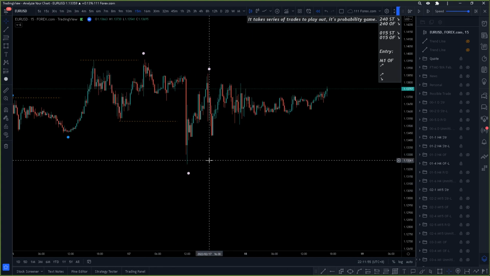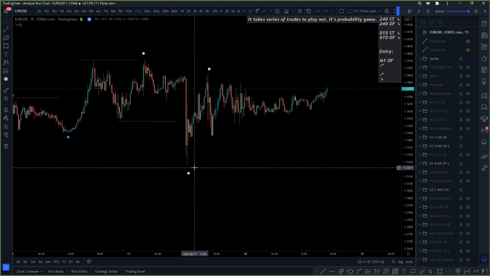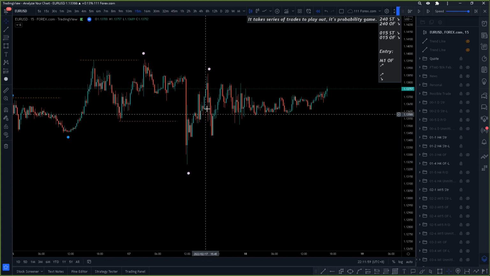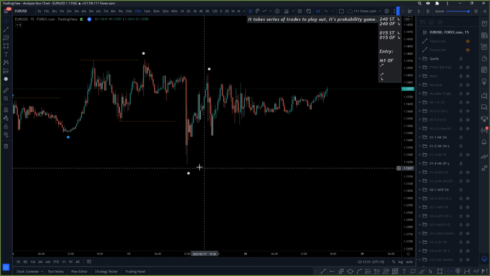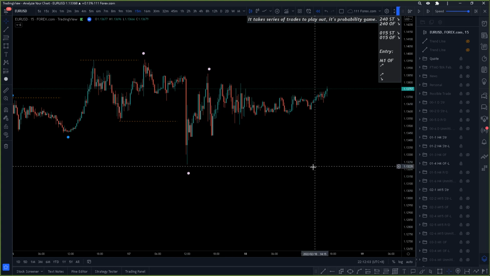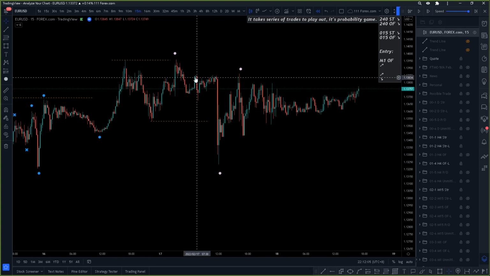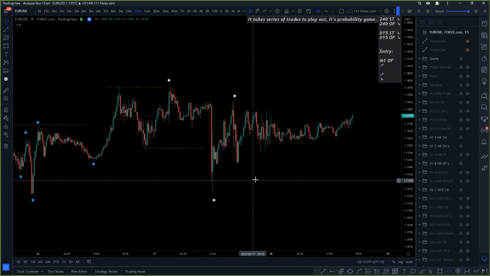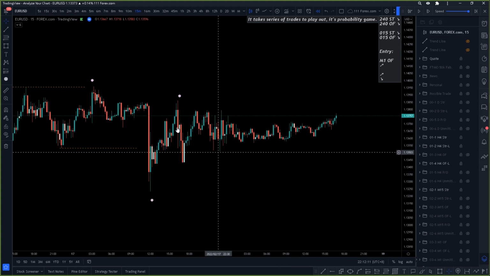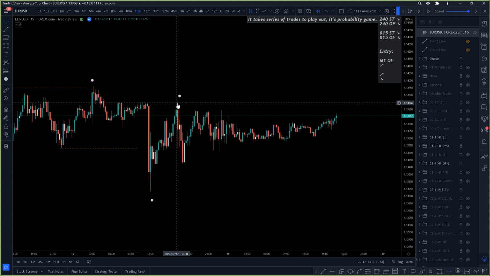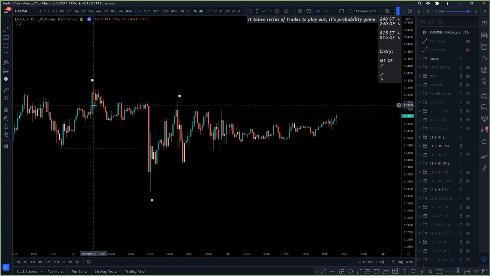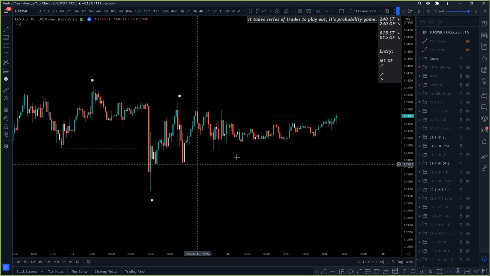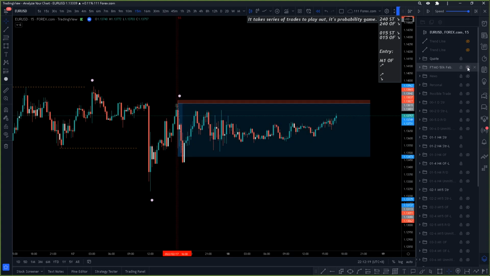So in theory, we anticipate that it should go and take this low with all of this taking of liquidity. So at this point of time, I attempted a sell from here, like this.